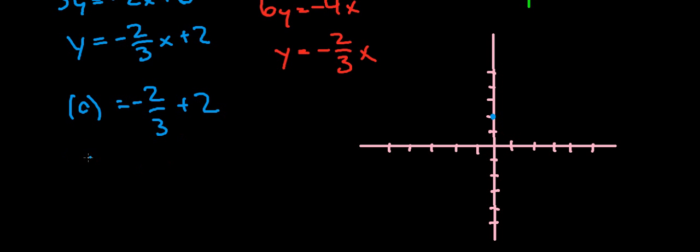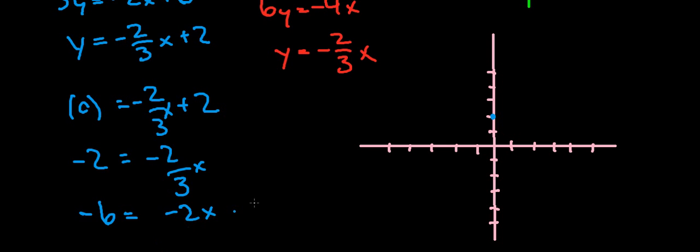So subtract 2, minus 2 is equal to minus 2 over 3 x. Multiply both sides by 3, I get minus 6 is equal to minus 2x, divided by 2, x is equal to 3. So the x-intercept is 3 over here. And let me use the line tool to try to make as straight a line as possible. Yeah, it's straight enough.